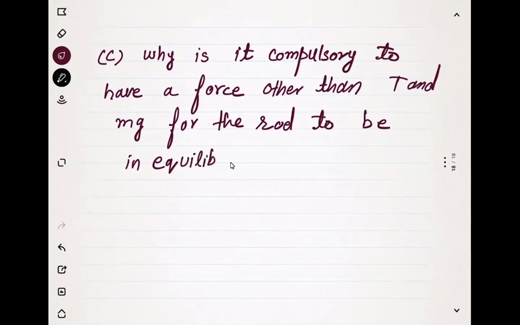So basically the question is that if the rod is to be in equilibrium, then there should be some other force other than T and mg. This is the question. So the question has three parts in total.